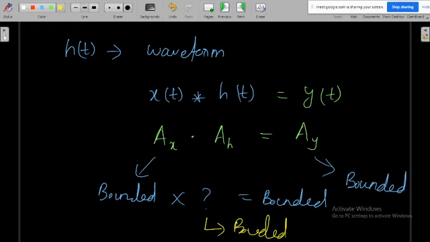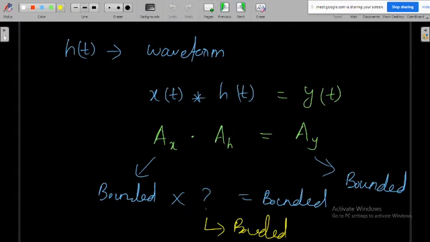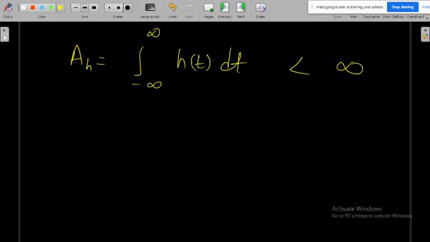So what is the other way? If the system is stable, then the area under the system has to be finite. Finally we conclude that the integral from minus infinity to plus infinity of h of t dt has to be less than infinite.